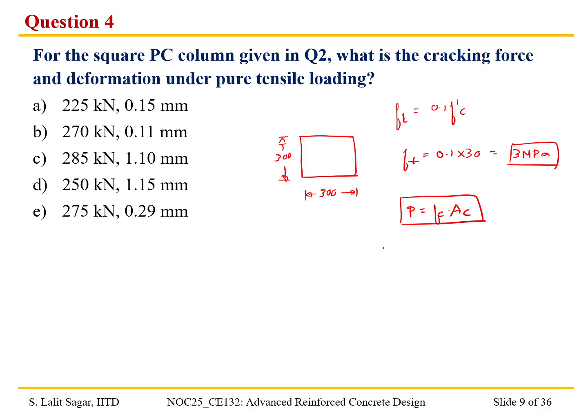So P is equal to 3 into 300 square divided by 10 to the power 3, for which we get a value of 470 kilonewton.